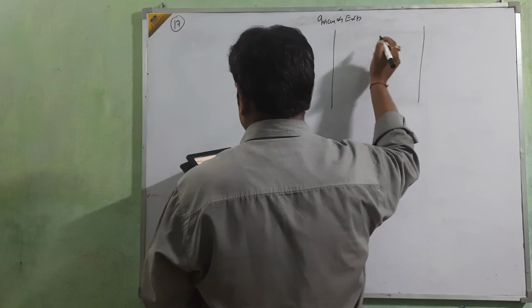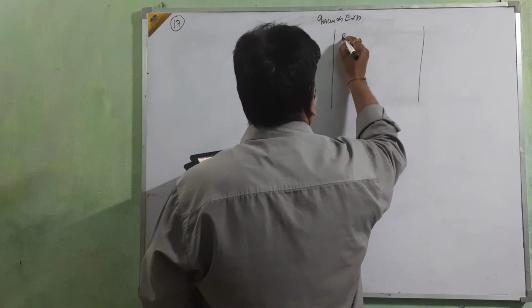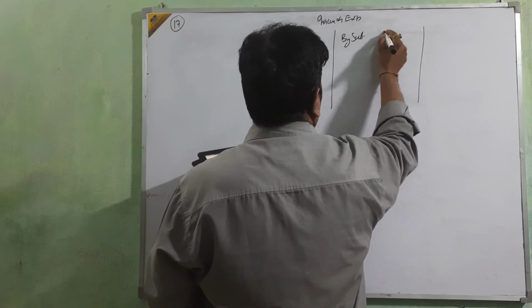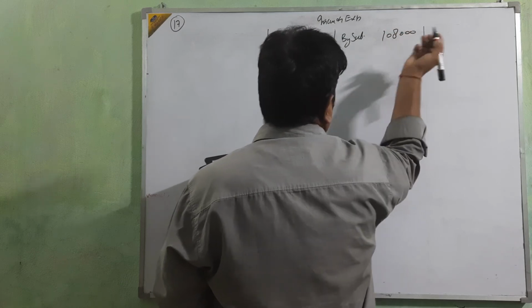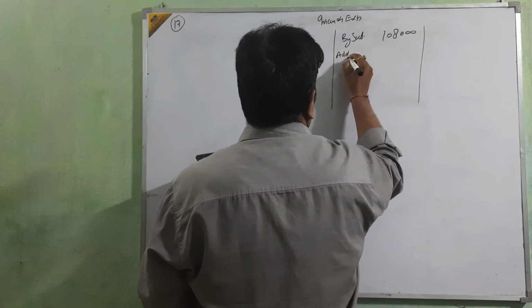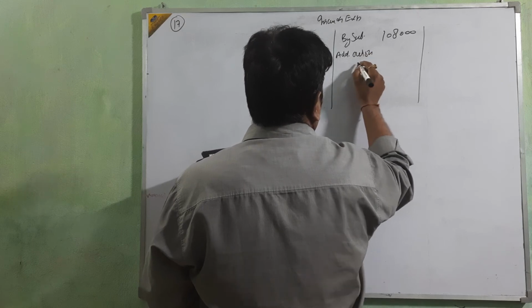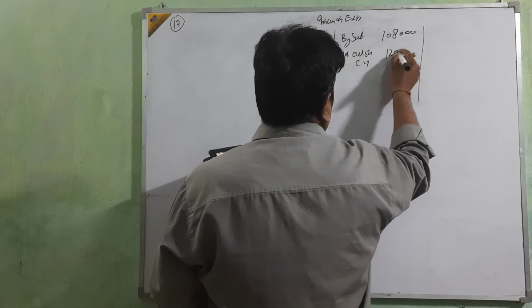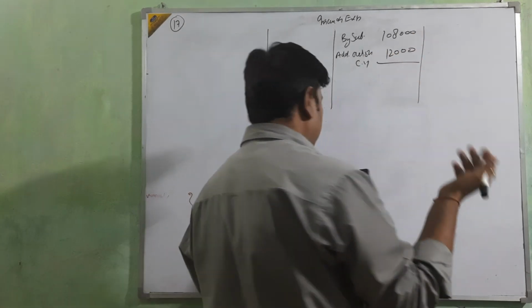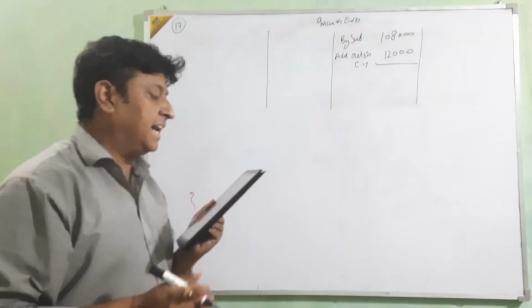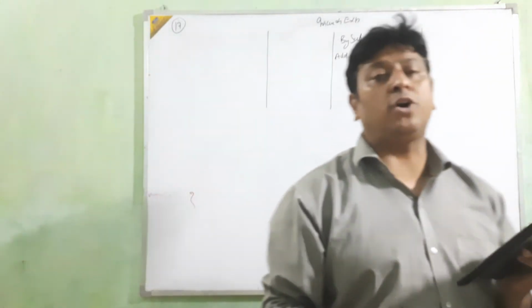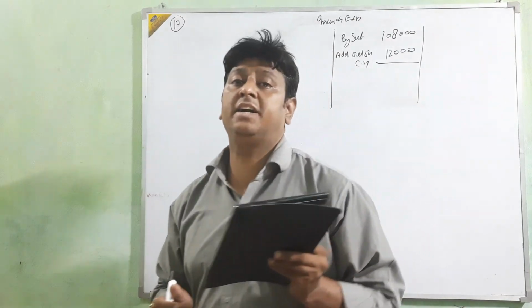Expenditure account. By subscription 1,08,000. Add outstanding current year 12,000. You will ask from where 12,000 came. Just multiply 500 into 240, that is 1,20,000 needed now, beta.